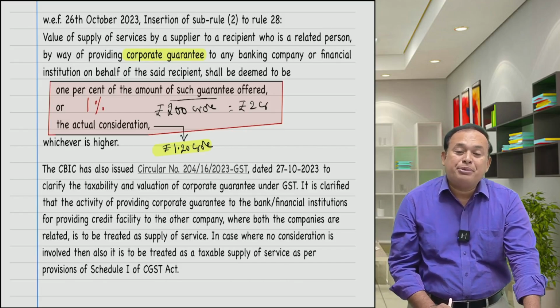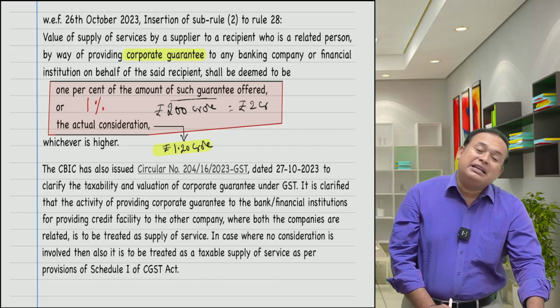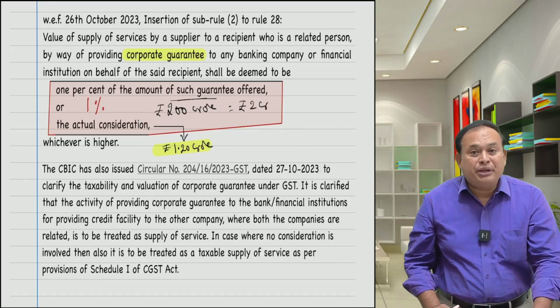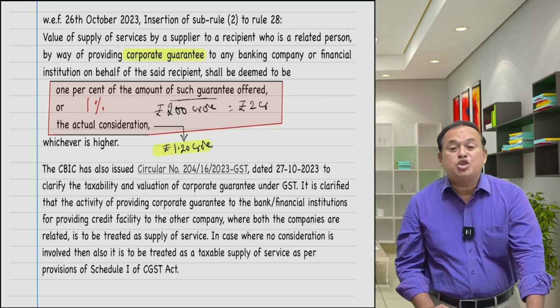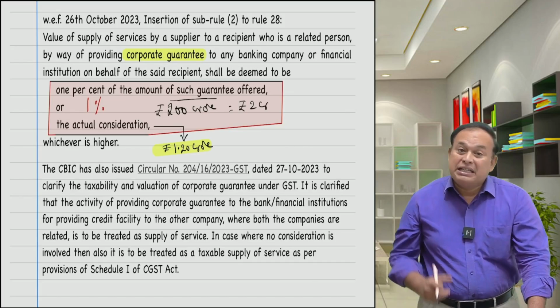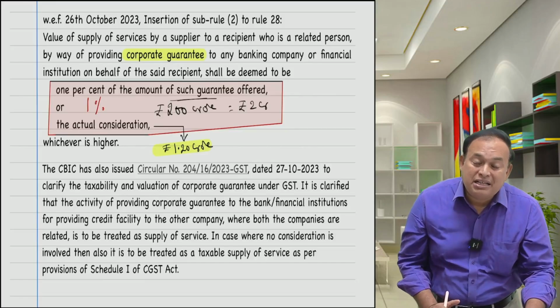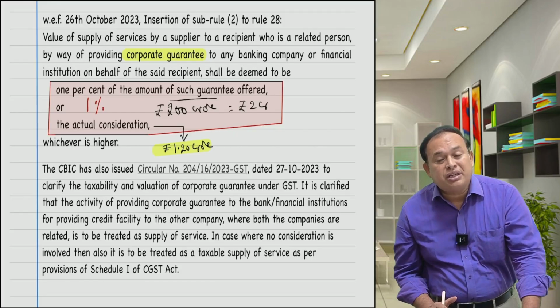Here, the parent company providing such a corporate guarantee to their subsidiary company, in the hands of the parent company, this is what goes to tax. Or an ex-director of a company who, in independent capacity, provides corporate guarantee and draws 1 crore 20 lakhs consideration. In that case, in the hands of the supplier, the ex-director, it is not reverse charge, it is forward charge. What is the forward charge valuation?